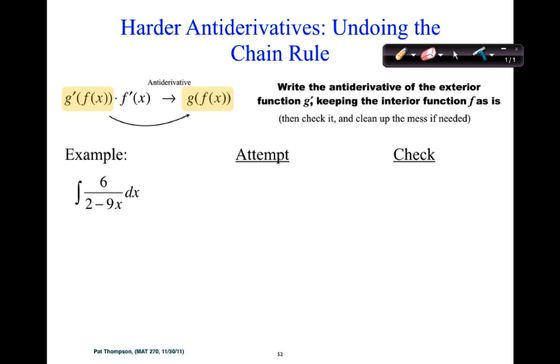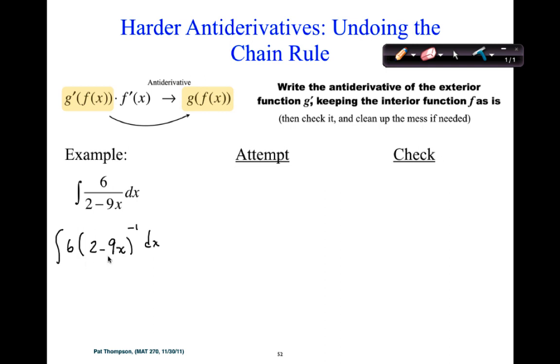Okay, how about this one? Another fraction. How can I write it as a product? Six times something to the negative 1. Which is the G prime F? Is it the 6 or is it this thing?